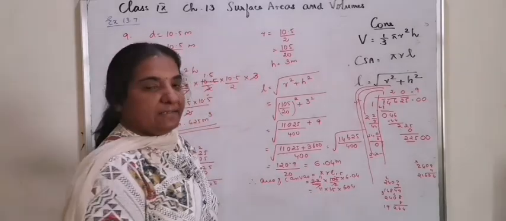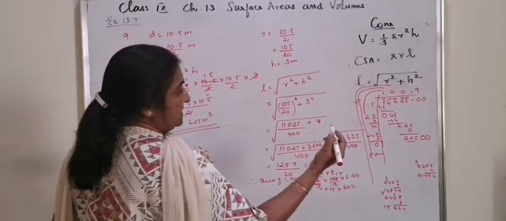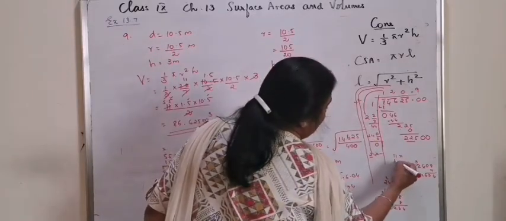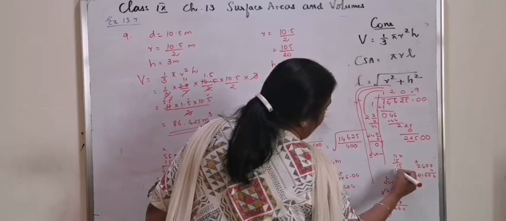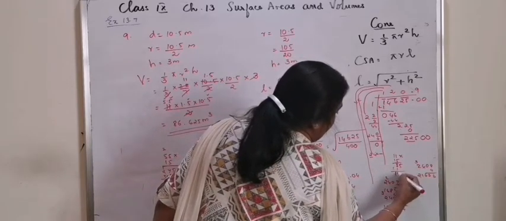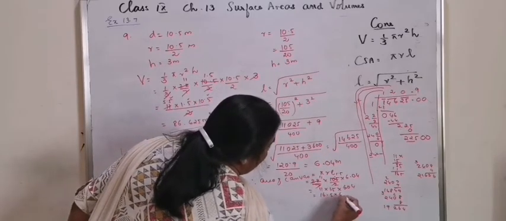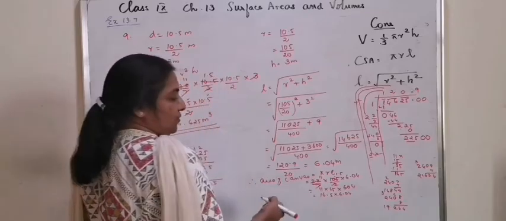We remove the decimal place later. 11 into 15 is 165. 16.5 into 6.04.